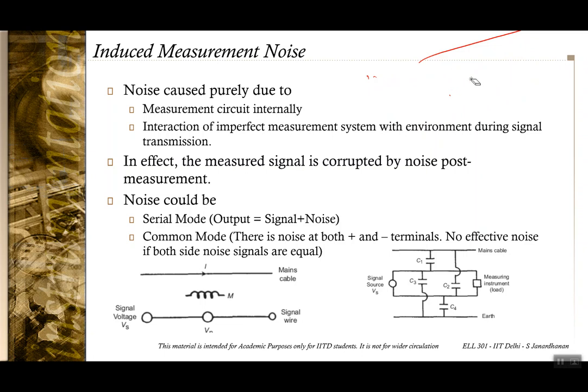Basically, if you take the measurement signal at this end, you are taking this measurement M, and this is the X, that is the actual thing that the instrument has measured.